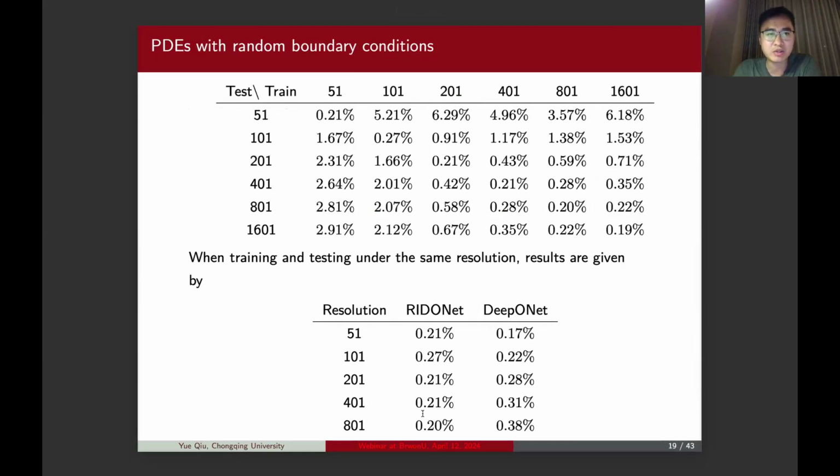For the two tables, in the first table we train our framework and test our model on different resolutions, and in the second table we train and test using the same resolution. The latter table shows that both our framework and DeepONet achieve a very similar accuracy when we train and test them on the same resolution.